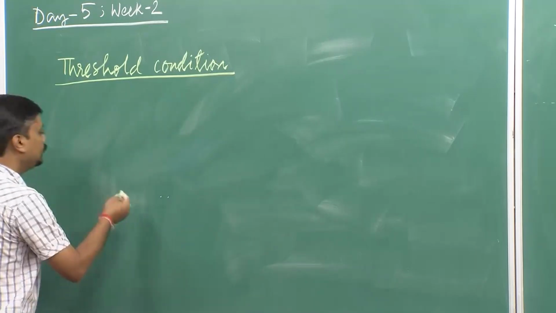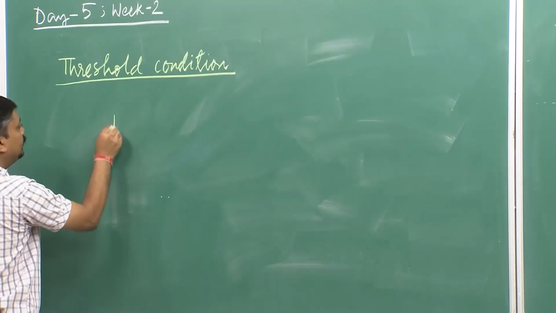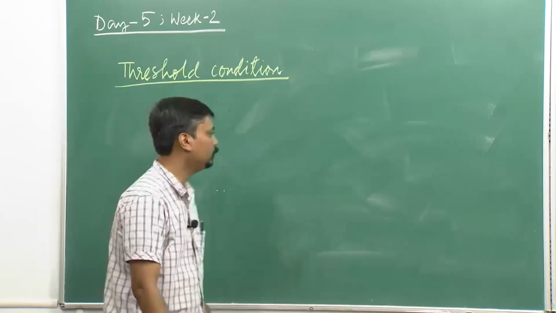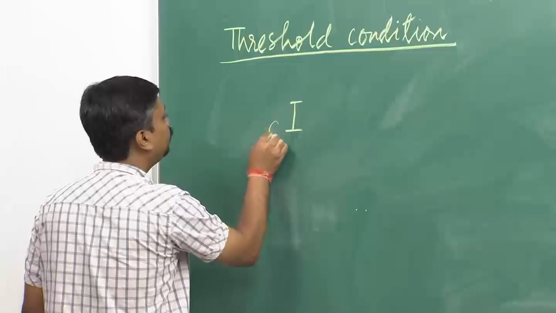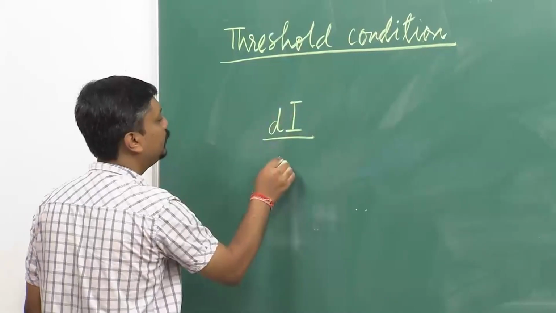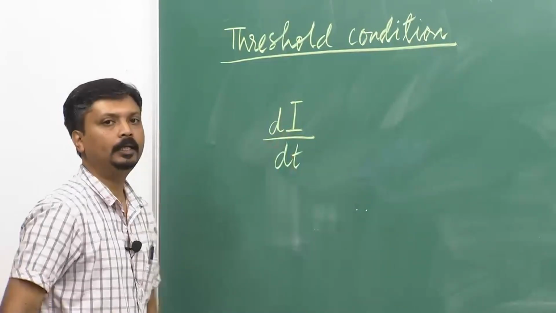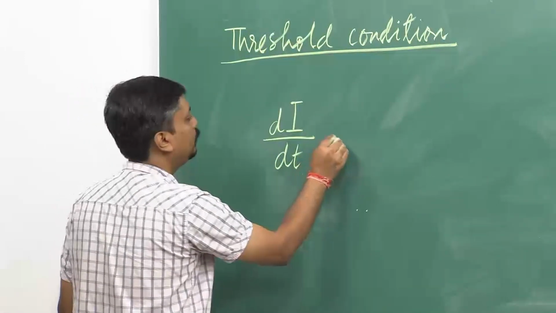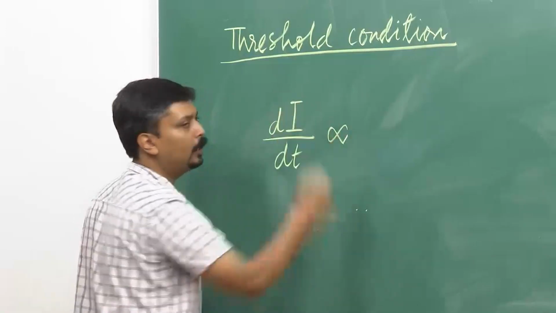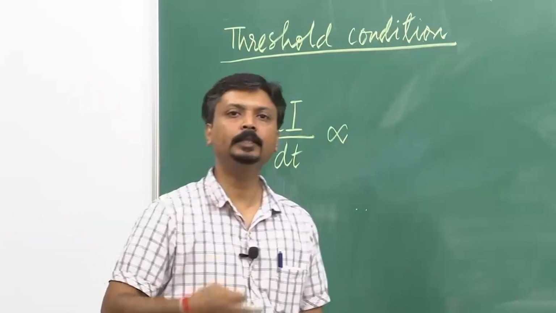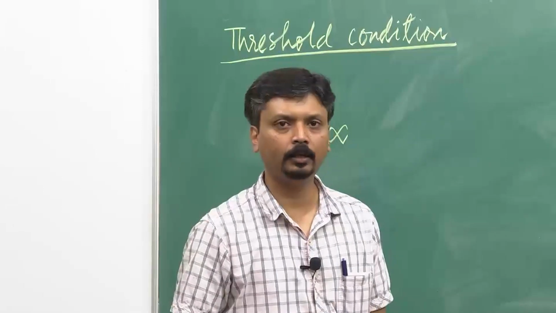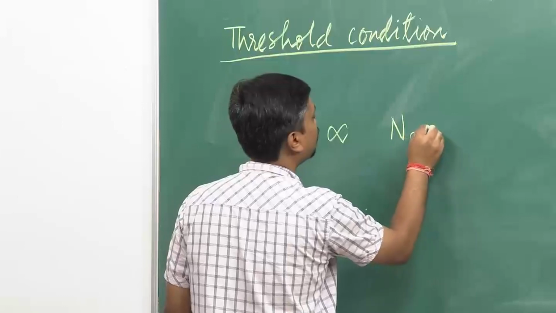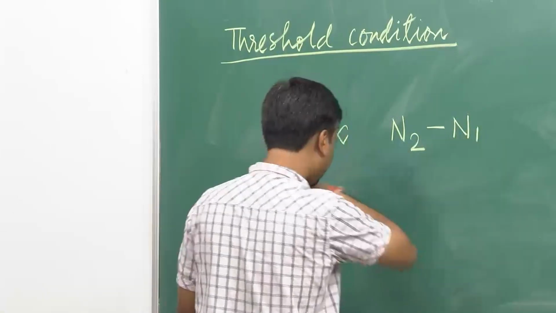So, if I say intensity of photons is I, then the rate of increase of this, and when I say rate, that means there is a time component, is proportional to the difference in the population of the excited and the ground state.